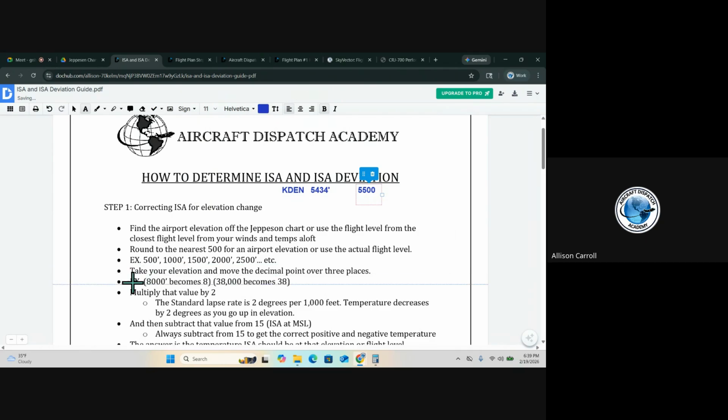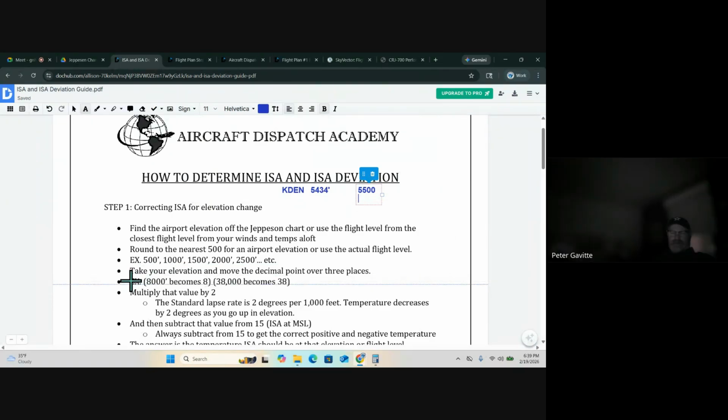Now, are you always going to round up for that? Some people like to say, yes, always round up because a higher elevation is going to be more restrictive. You're going to get to some airports that are only at like 13 feet elevation.